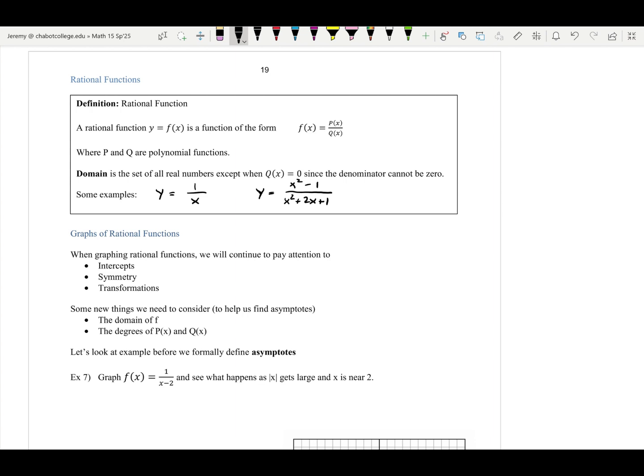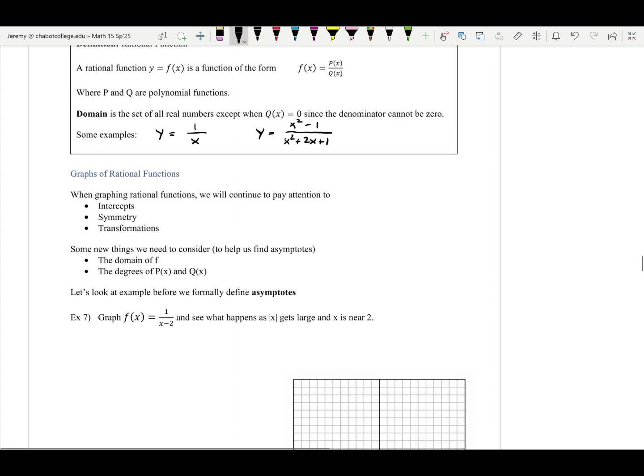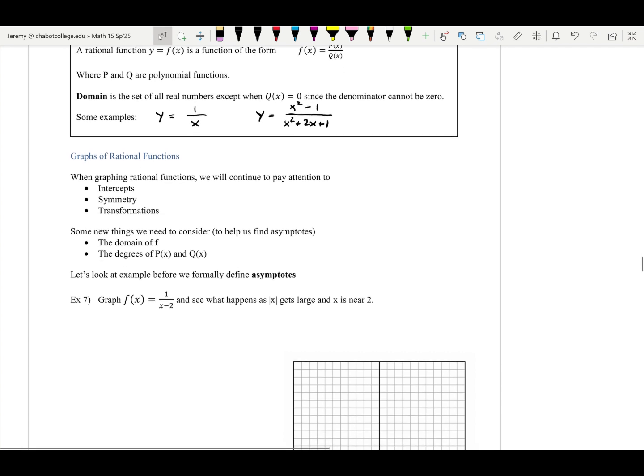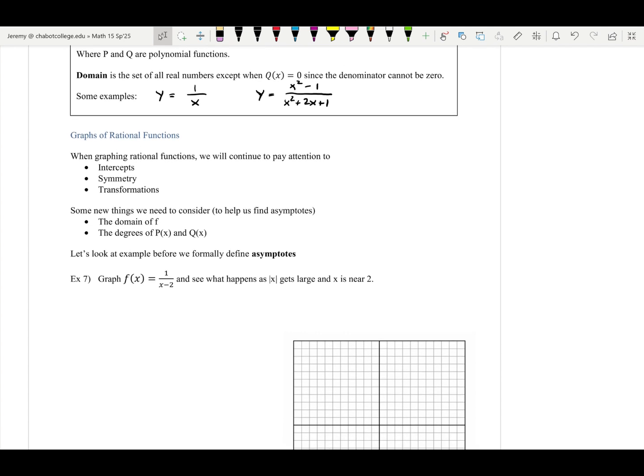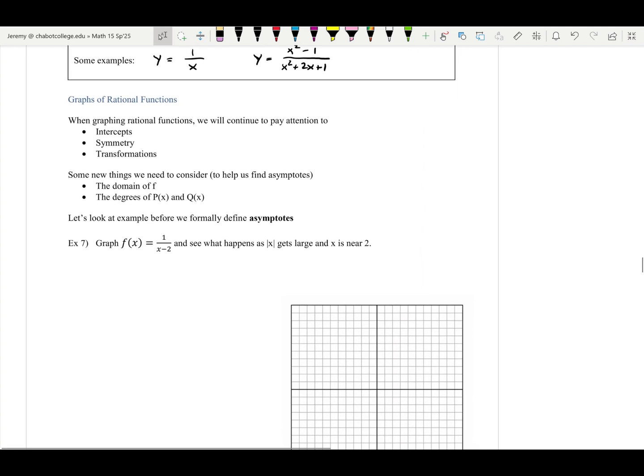So we'll see a whole bunch of different variations and examples of these, and our main goal is to be able to graph them. So graphs of rational functions: when graphing rational functions, we pay attention to intercepts, symmetry, transformations.